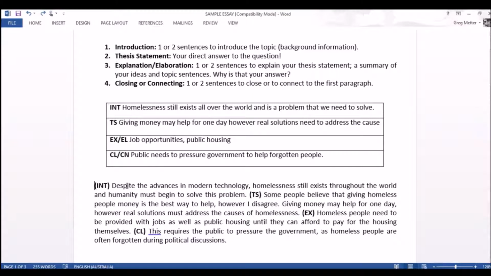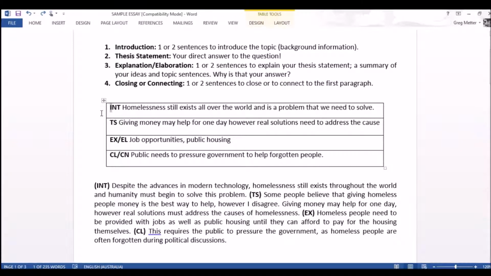So this first part, or this first sentence, is your introduction sentence. Then you have your thesis statement. Then you have your explanation or elaboration. Then you have your closing sentence. Now this is a full introduction, written with correct English and correct grammar, taken from this planning stage.